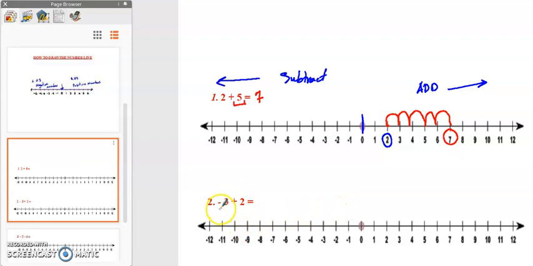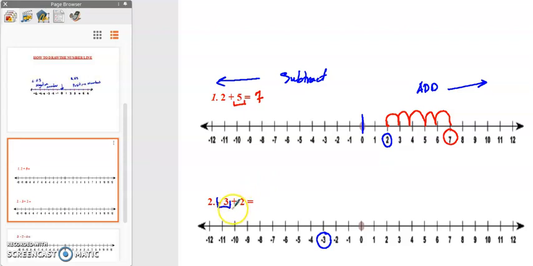The first number we have here is negative 3. First thing we do is identify negative 3, which is right here. Now look at the operation: we are adding 2.